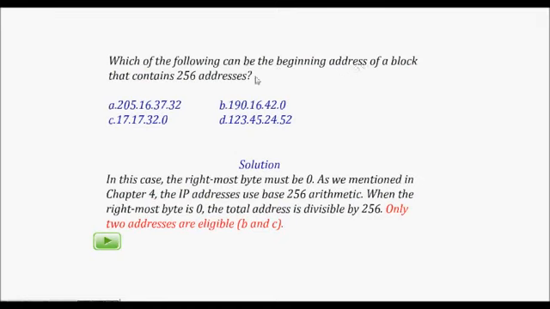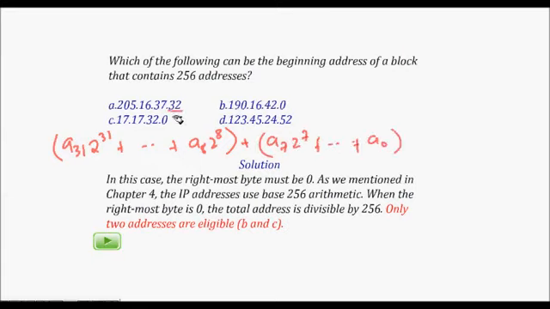Now it says, which of the following can be the beginning address of a block that contains 256 addresses. Again 256 is 2 to the power of 8. So A31 2 to the power of 31 till A8 2 to the power of 8; till here everything is divisible by 2 to the power of 8. Then this one becomes A7 2 to the power of 7, which is just the last byte.